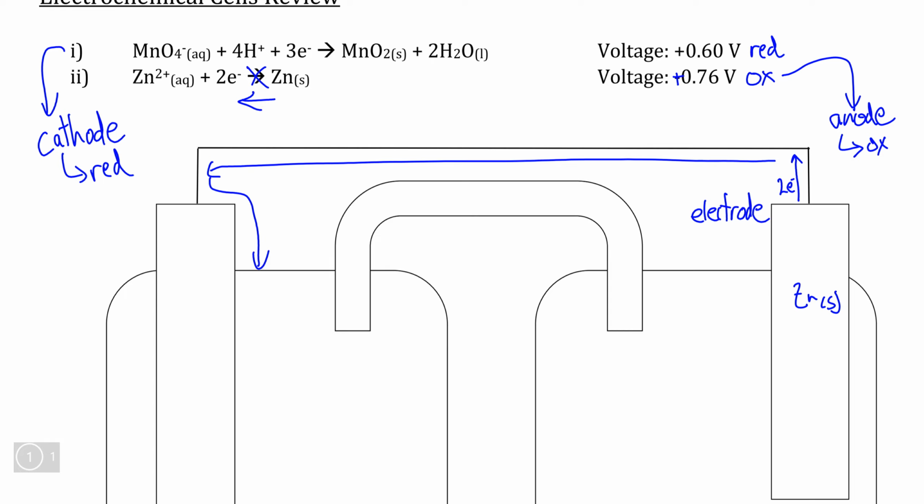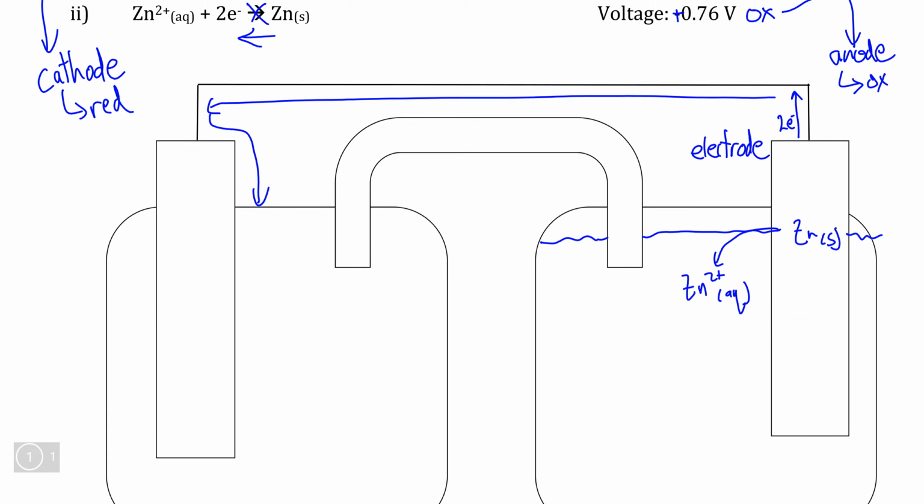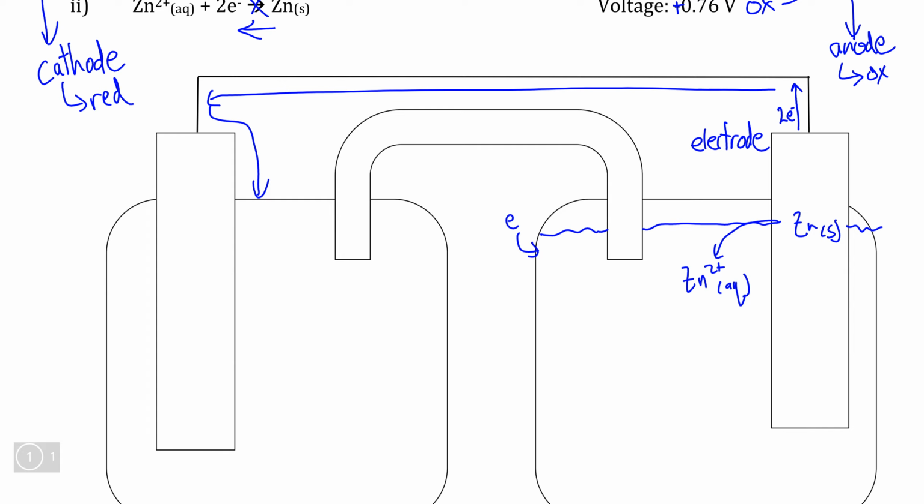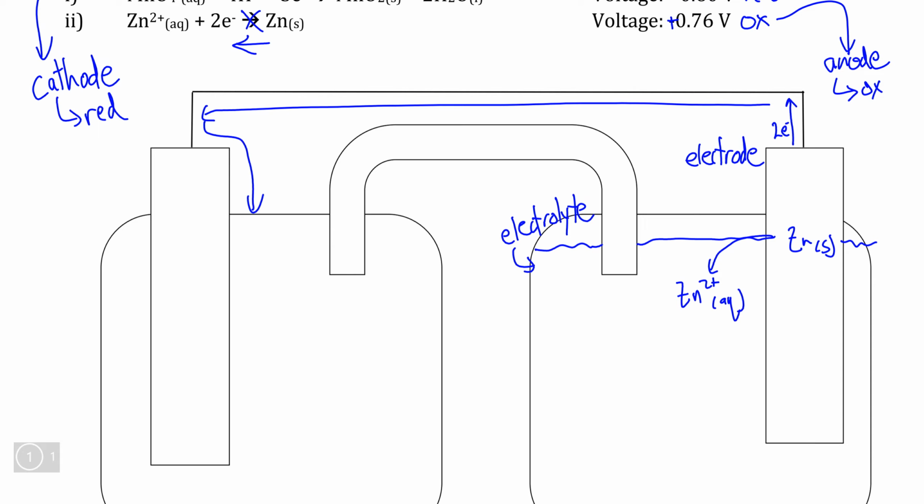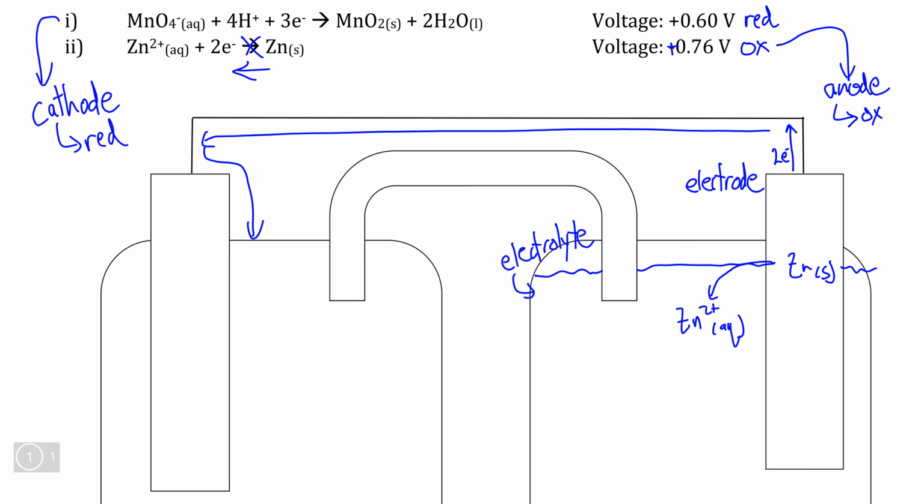Now, when zinc metal is oxidized, it forms the Zn2+ ion, which is dissolved within solution, which again is why we write it in the aqueous phase of our anode, which again is what we call our electrolyte, because it's an electrically conductive solution that contains ions. Now, we'll look at the flow of ions within electrolytes once we finish understanding how each of the half reactions occur at each of the anode and cathode.